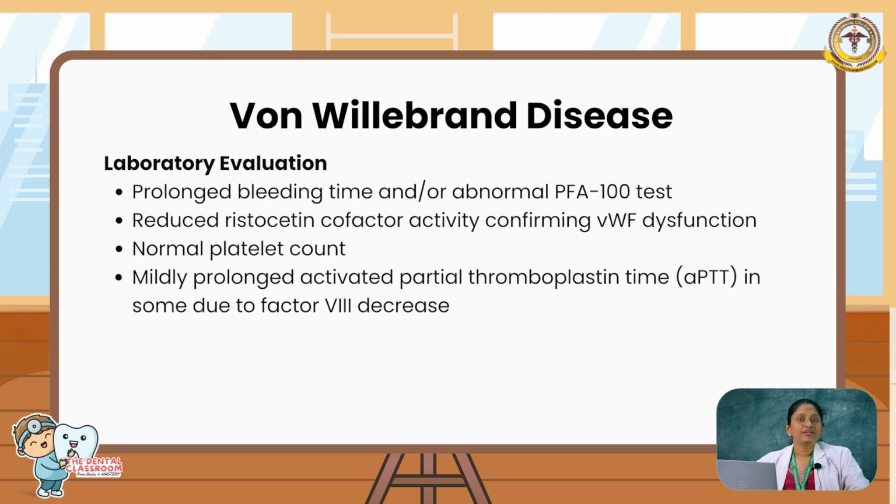On laboratory examination, we see a normal platelet count, prolonged bleeding time and abnormal PFA test. In addition, there is also a reduced ristocetin cofactor activity, which confirms the von Willebrand dysfunction. There is also a mildly prolonged APTT in these cases, sometimes due to a decrease in factor 8 along with von Willebrand deficiency.